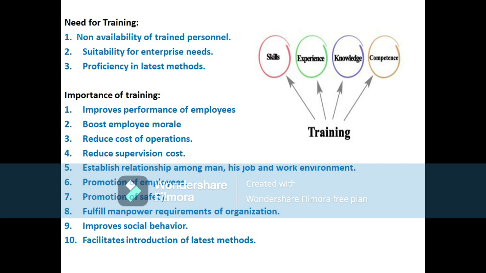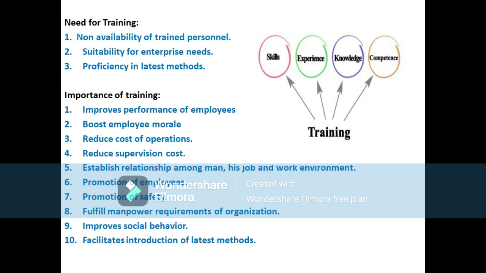By this, the positive correlation between his skills and the job will give him job satisfaction, which ultimately boosts the morale and self-confidence of the employee. Thus, we can say that training increases morale of employees.